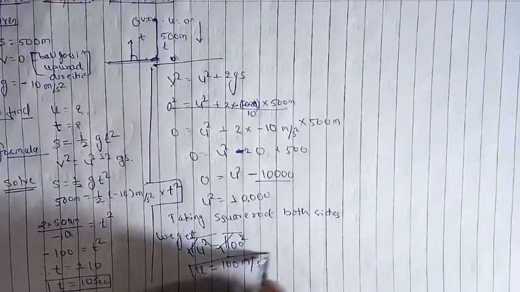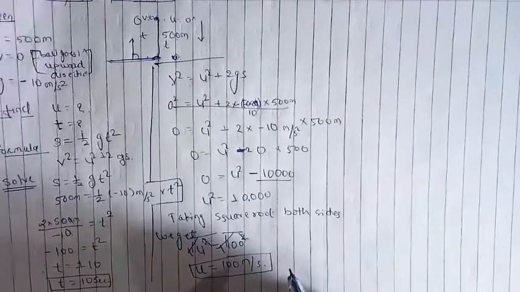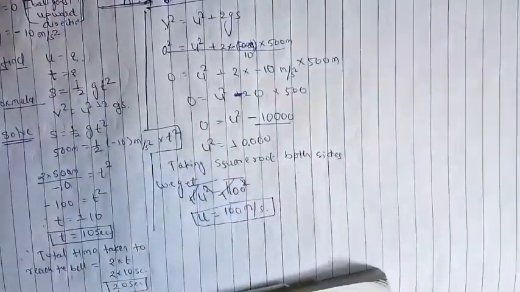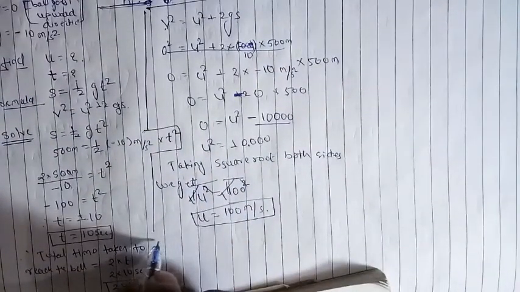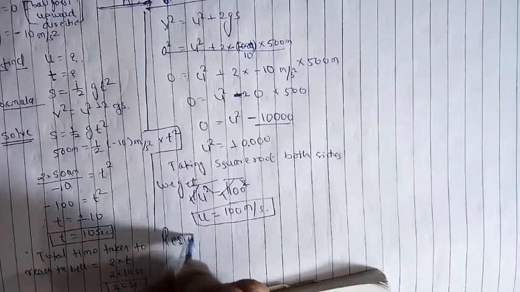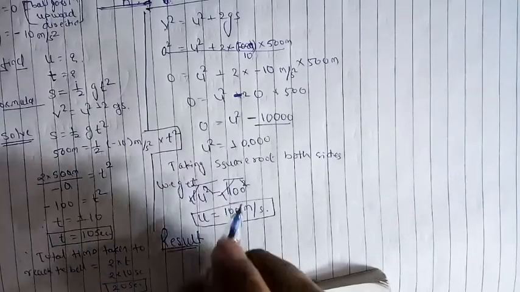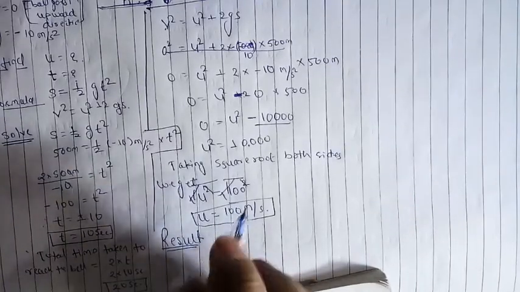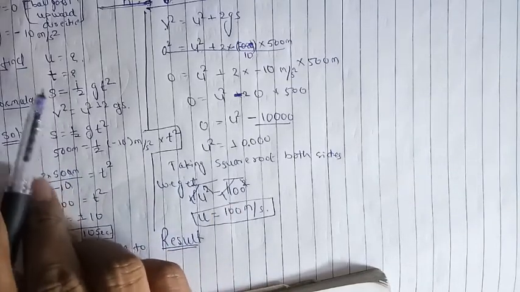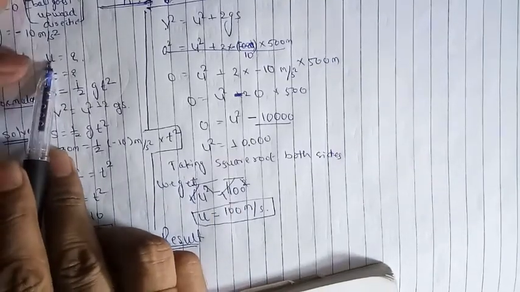So we got both the answers. That means we have to write the result now. To find what we had to find u, that is the initial velocity.